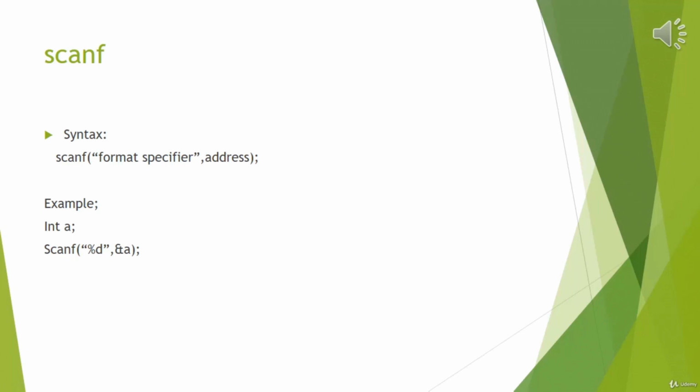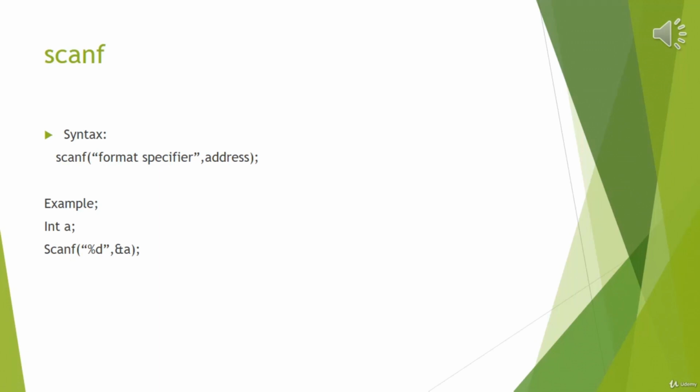Then we type scanf, then in between the inverted commas and the braces we type %d, that is a format specifier. I will tell you what it is in the next slides. Then we put a comma, and then the ampersand because we want the address of the variable a. The inverted commas are closed before the address, and then we close the braces, and then we put a semicolon.